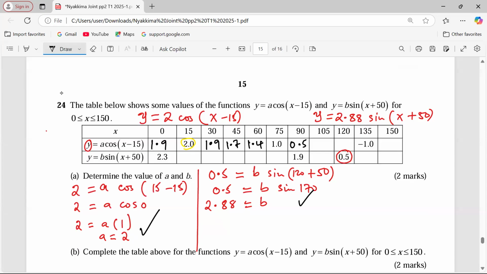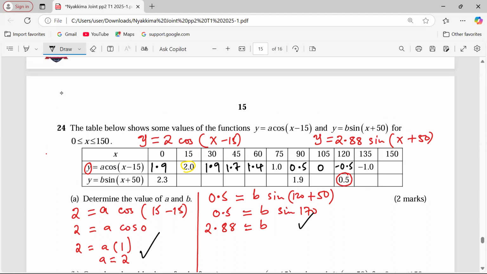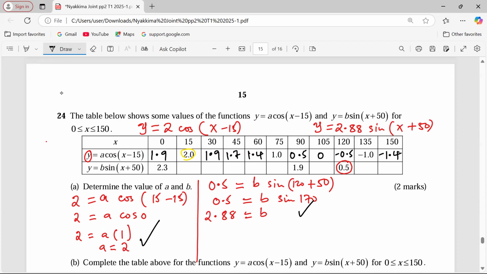Then at 105, it will be 2 cos 105 minus 15. This will give us exactly 0. Then at 120, it will be 2 cos 120 minus 15. And this will give us negative 0.5. Then at 150, it will be 2, the cosine of 150 minus 15, giving us negative 1.4.